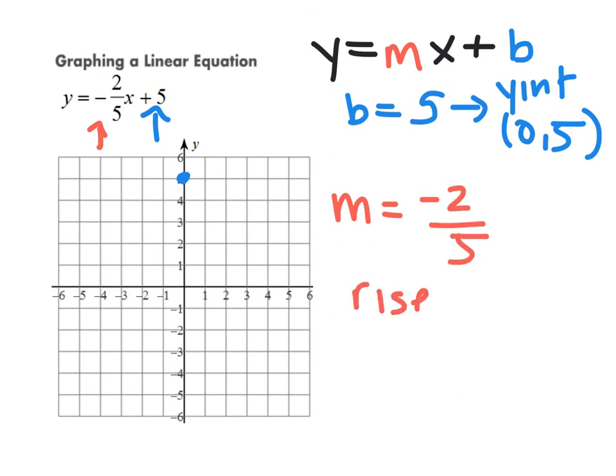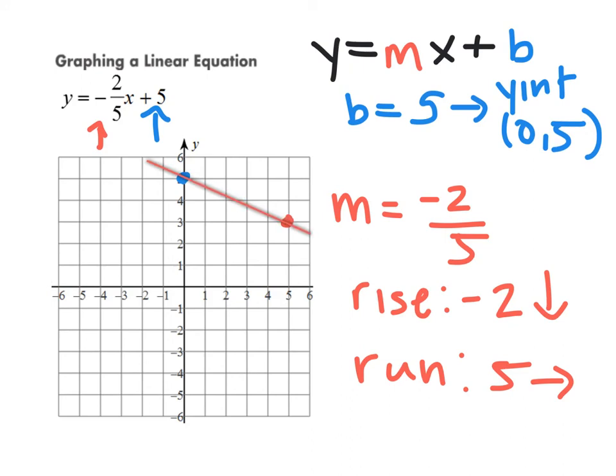This means that our rise is negative 2, so we're going to move down, and the run is 5, so we're moving to the right. I'm going to move down 2 units and over 1, 2, 3, 4, 5. Finally, I will draw in my line and draw the arrowheads at both sides.